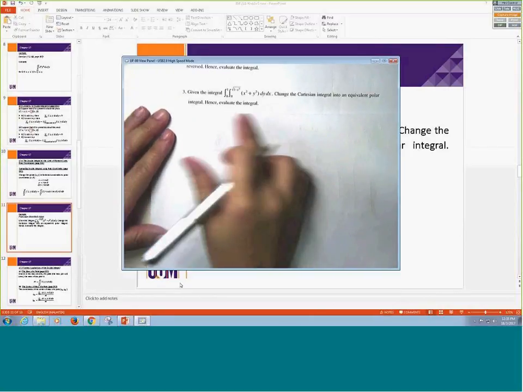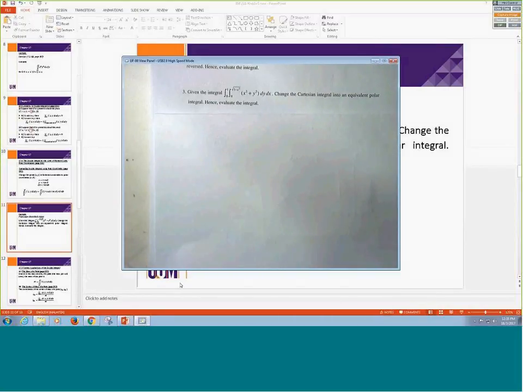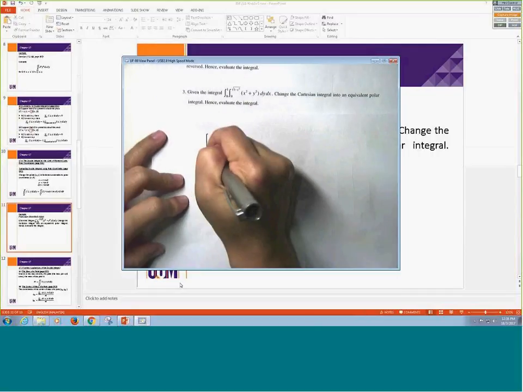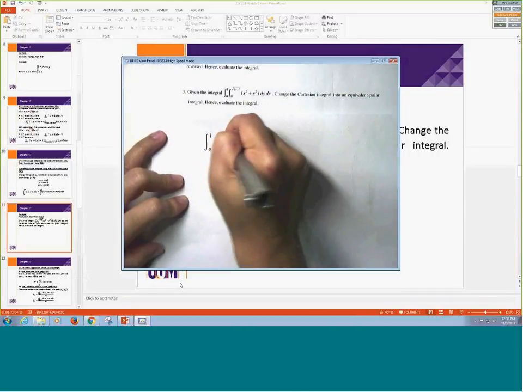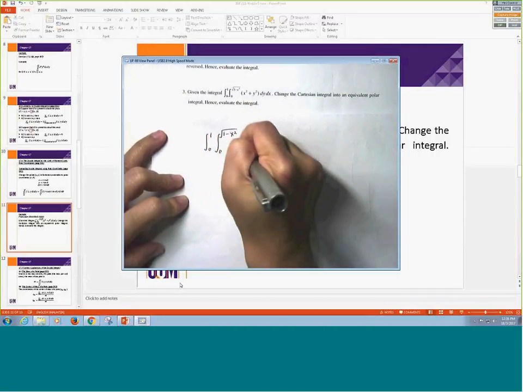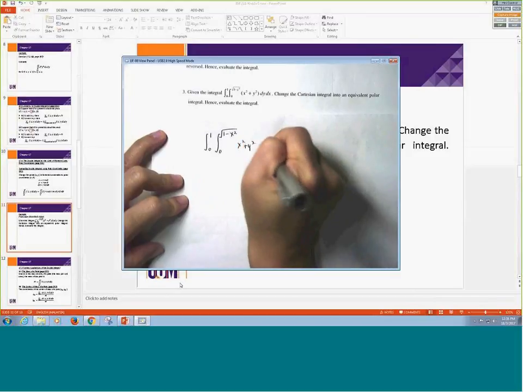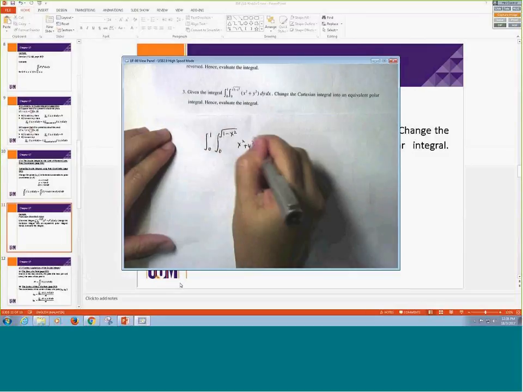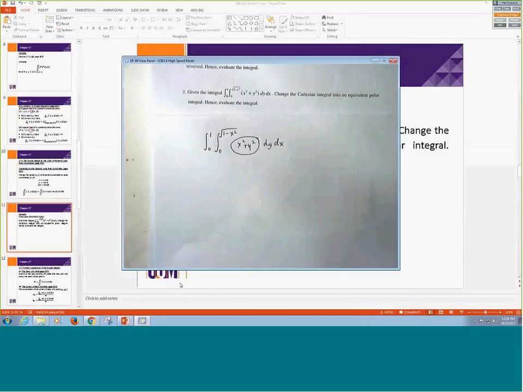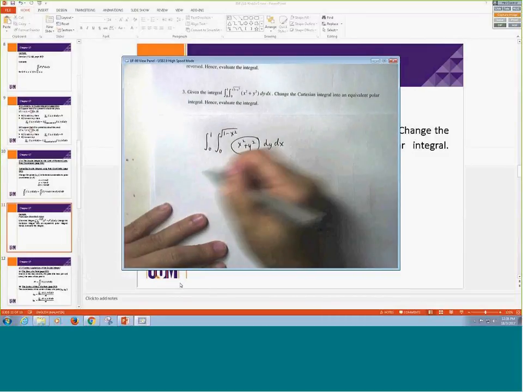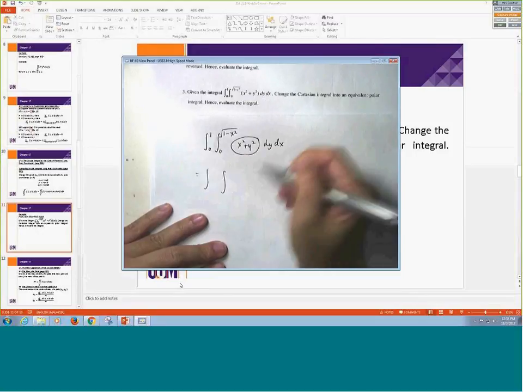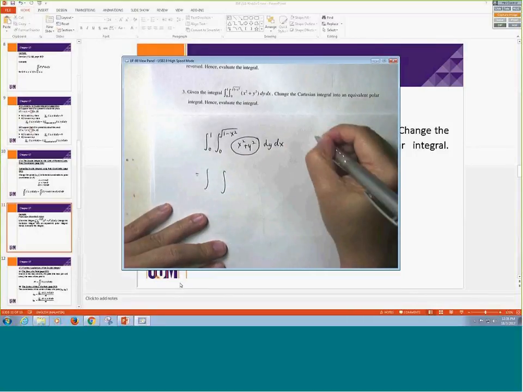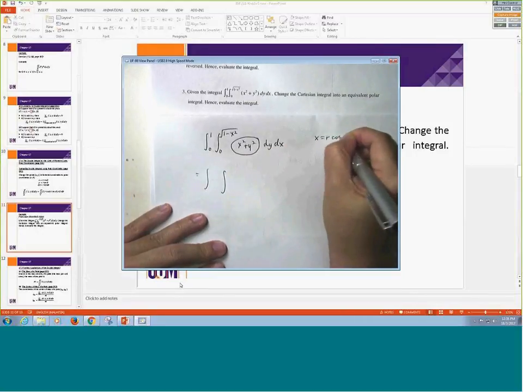So the way to change to the polar coordinates, first, look at the integrand. You can simply use the formula to change to r and theta, because we know x equals r cos theta, y equals r sin theta.